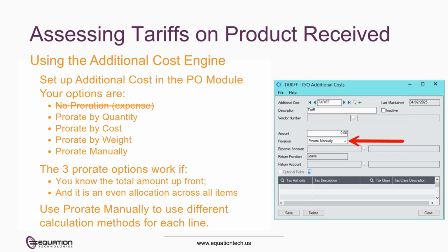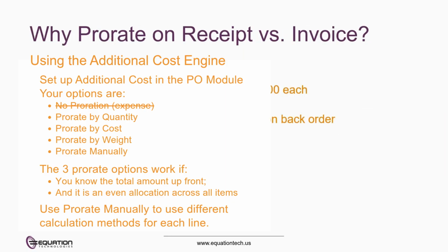So then we need to use the prorate manually function. We'll take a look at an example of that, but that's where when you do the additional cost, you have to pop open a separate screen and enter the values and make those calculations manually as you're putting that information into the system. Sage itself is not going to drive that.